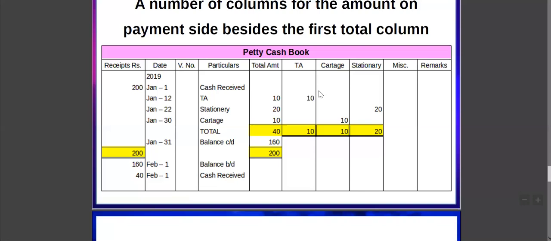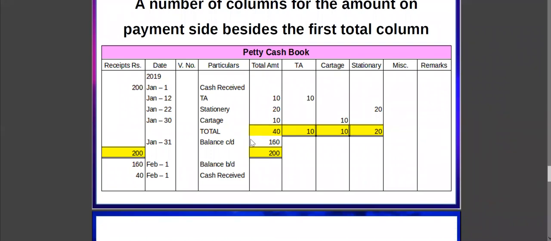Then you have to write in the stationery column 20 rupees. Cartage: under the cartage column, 10 rupees.